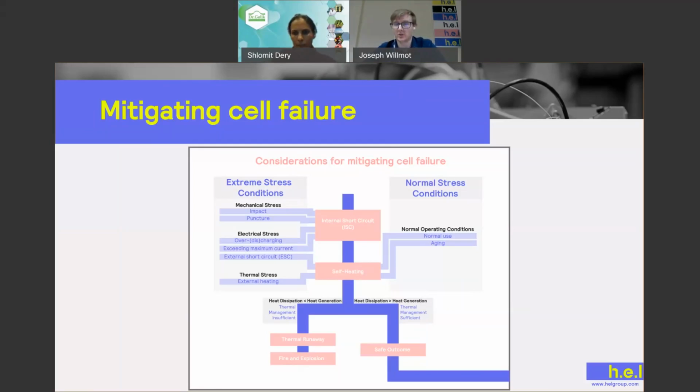So you want to make sure that all of those safety features that you've designed in the cell do work, and that the designs you've taken to mitigate cell failure actually work. The best way to facilitate this is with these extreme stress conditions.